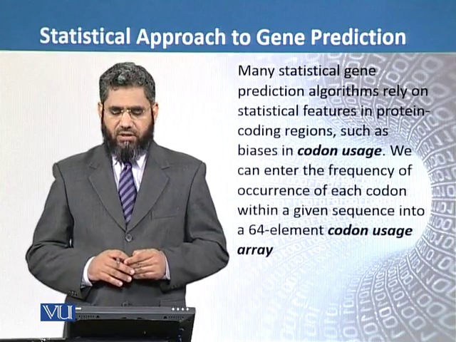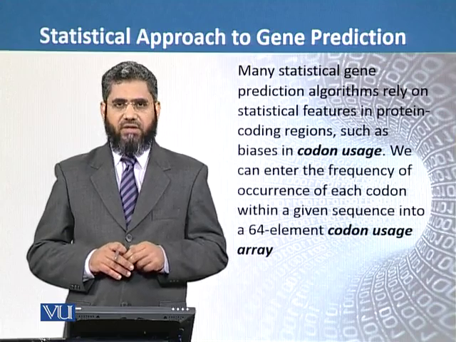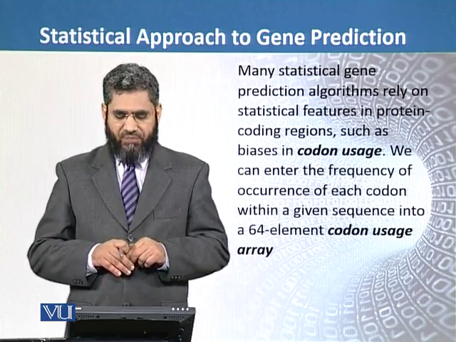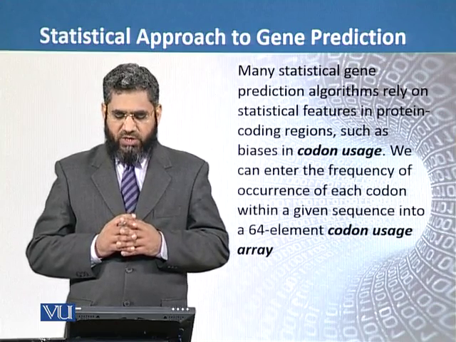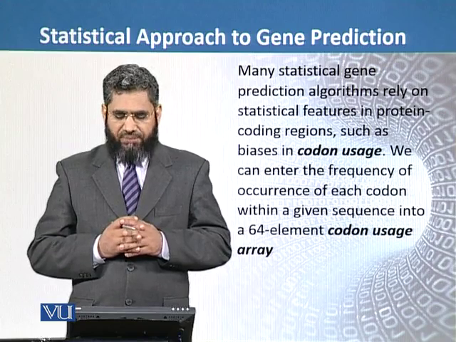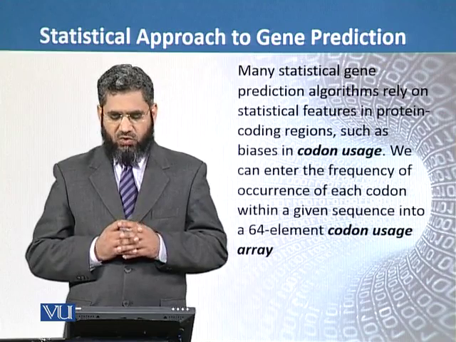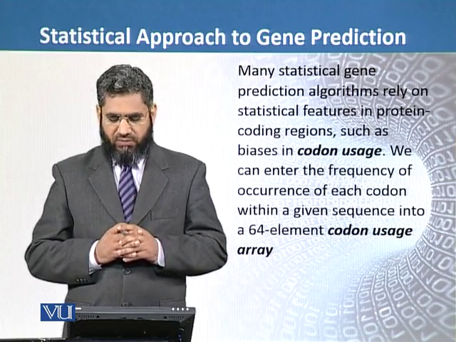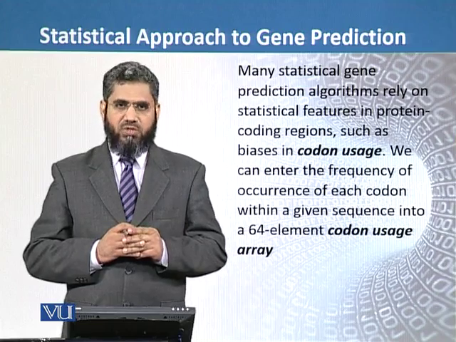Many statistical gene prediction algorithms rely on the statistical features of the protein coding regions, that is the codon usage. So by using the codon usage, we can enter the frequency of occurrence of each codon within a given sequence into a 64 element codon usage array.